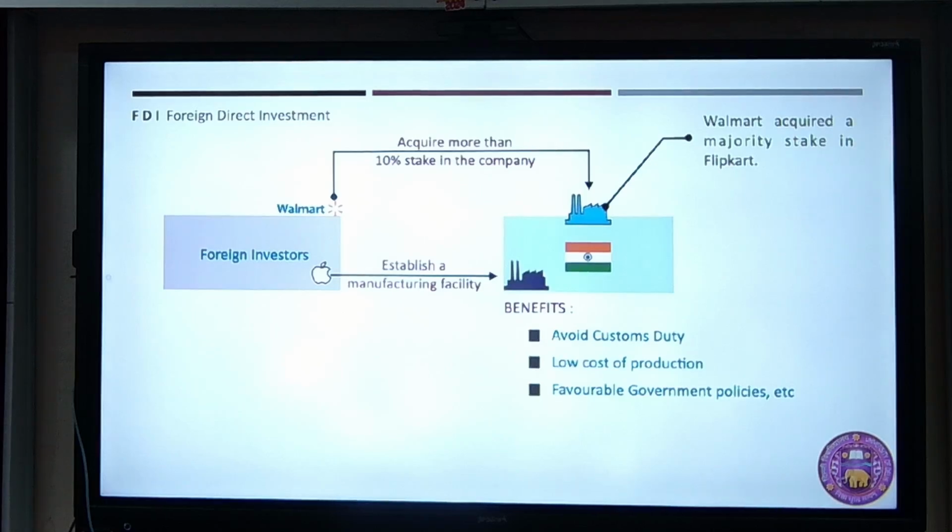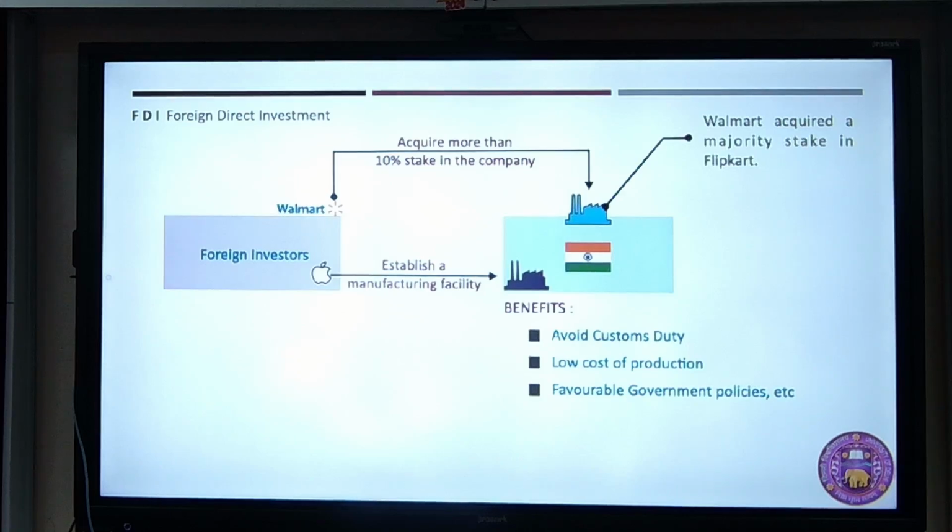If they are always importing things, it will incur a lot of duty and customs and all. India has abundant factors of production, as we've discussed in the Heckscher-Ohlin theory. If any country has a large amount of factors of production, like labor, and India has a lot of labor, this can be utilized easily by foreign companies by setting up a plant in India.